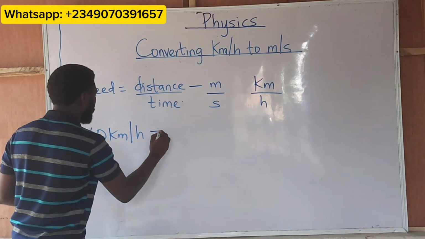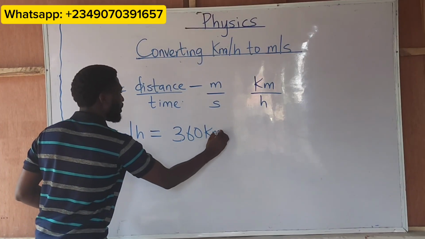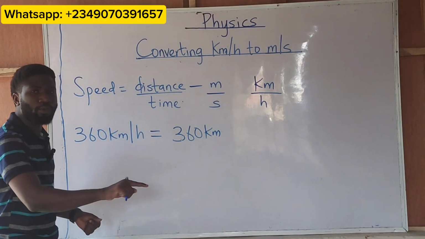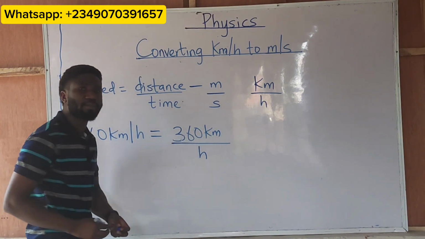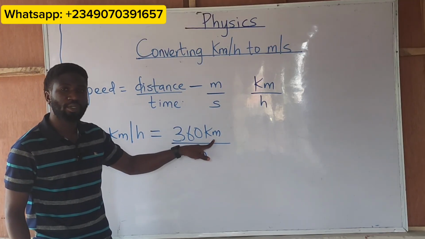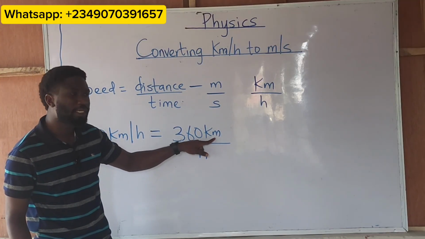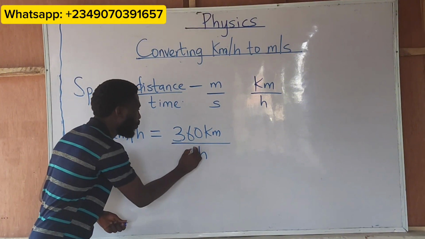You can have this to be 360 kilometer per, that means division, over hour. The coefficient of this kilometer here is 360. The coefficient of this hour here is 1.